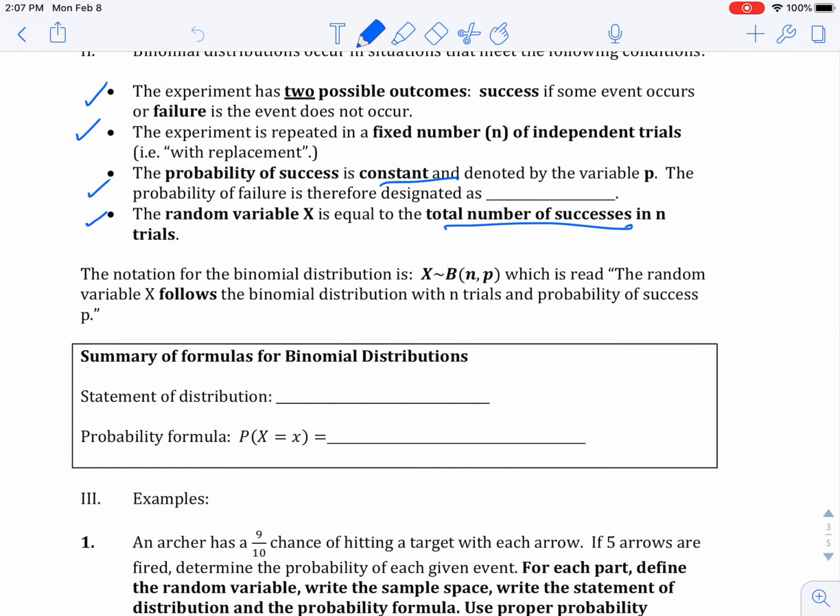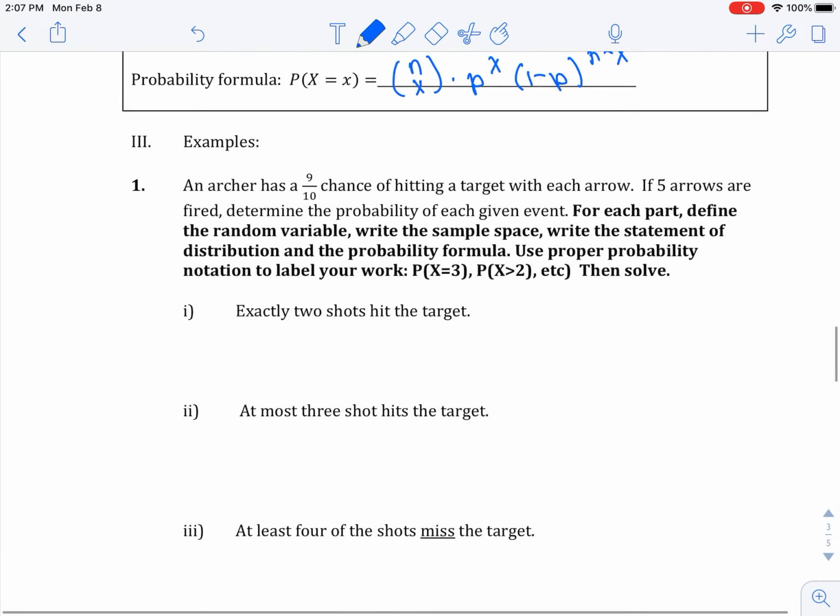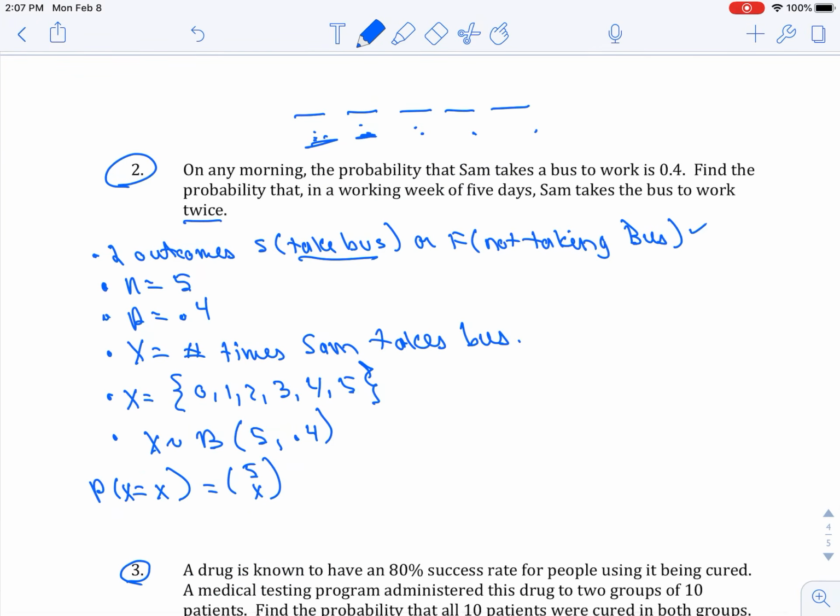The probability that X equals x is n choose x times p to the x times 1 minus p to the n minus x. So we end up here with 5 choose x times 0.4 to the x, because that's success, times 0.6 to the 5 minus x.